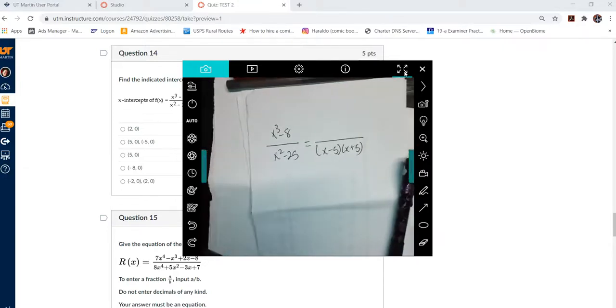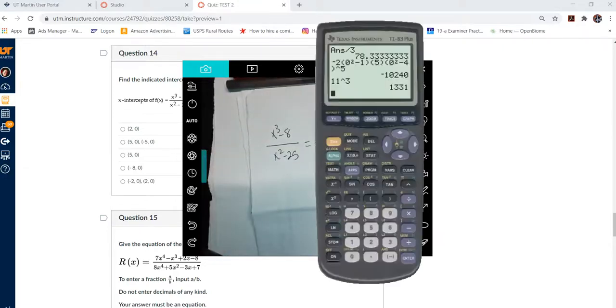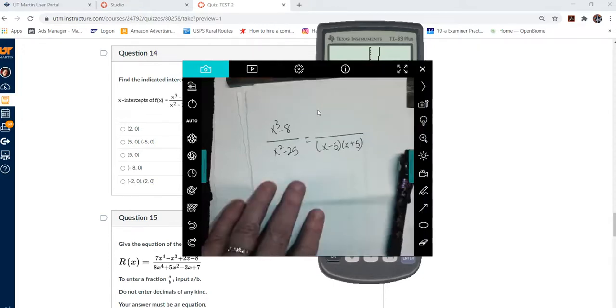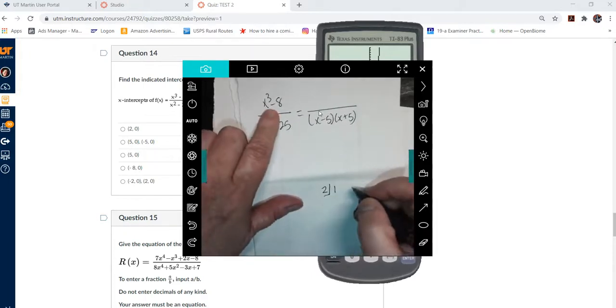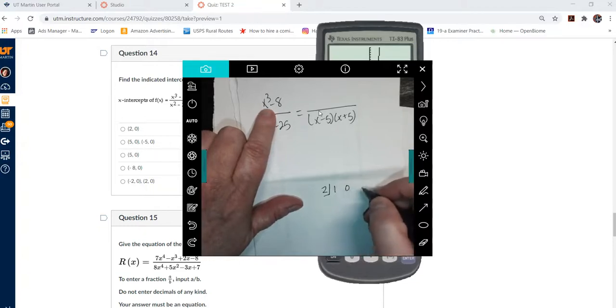X cubed minus 8, let me just look at that and see how that will factor. So x cubed minus 8, and do a synthetic division with that. And I can see that positive 2 is a 0 of that. So I've got 1x cubed, 0x squared, 0x, minus 8.